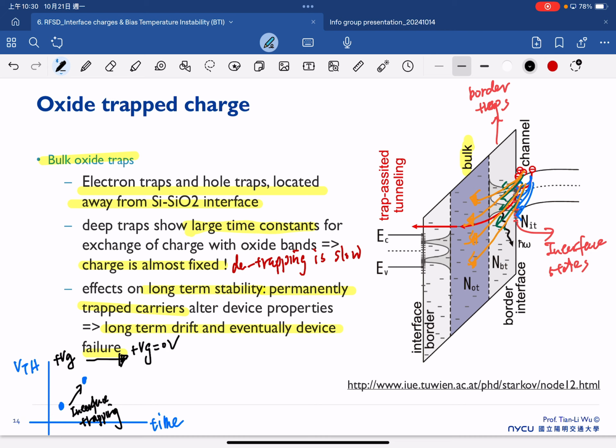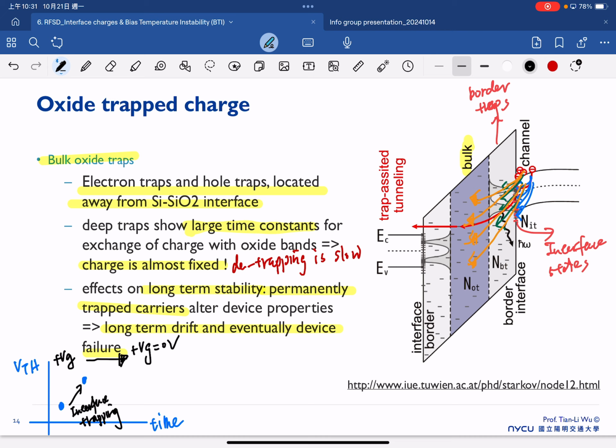That's a very often used technique when we try to understand the trapping effect. We do the stress, and then after stress, we don't give a bias. The official name for the status where we don't give a bias is the recovery.